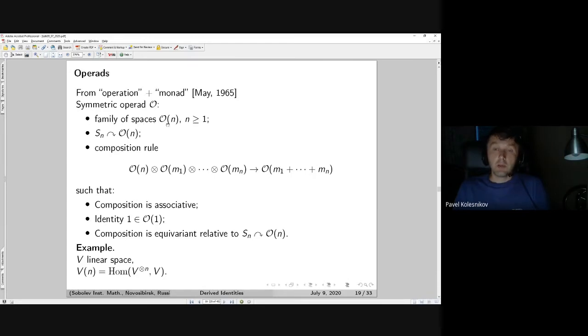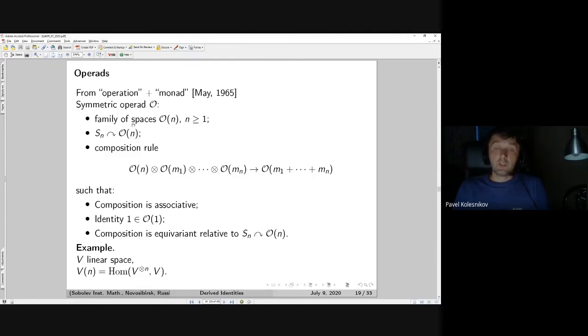Every space from the family is a module over the symmetric group. And there is a composition rule. We may compose a multimorphism of degree n with multimorphisms of degree, say, m1, m2, and so on up to mn. And the result would be a multimorphism of degree m1 plus m2 and so on plus mn.